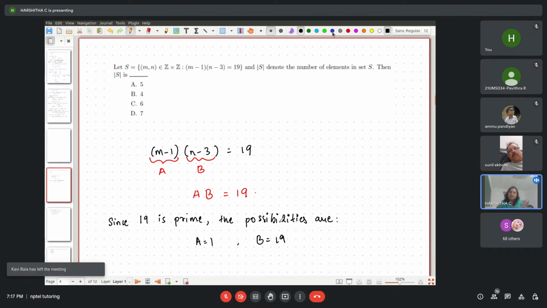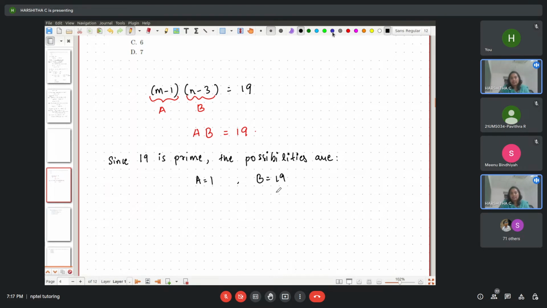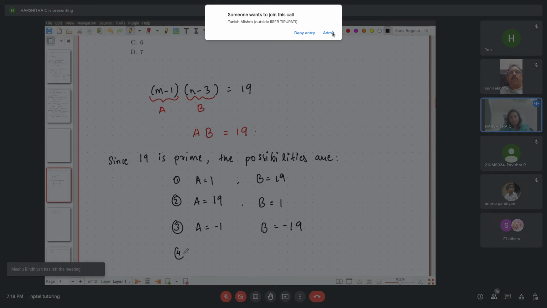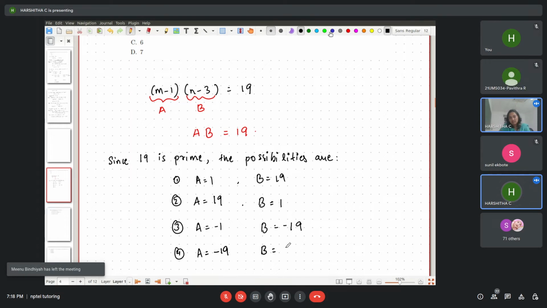You can write it with plus or minus 1 and plus or minus 19, and there's no other way to break it up. The first possibility is a equal to 1 and b equal to 19. The second possibility is a is 19 and b is 1. The third possibility is a is minus 1, b is minus 19. The fourth possibility is a is minus 19, b is minus 1.